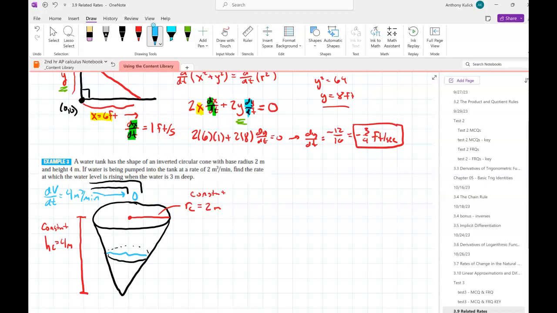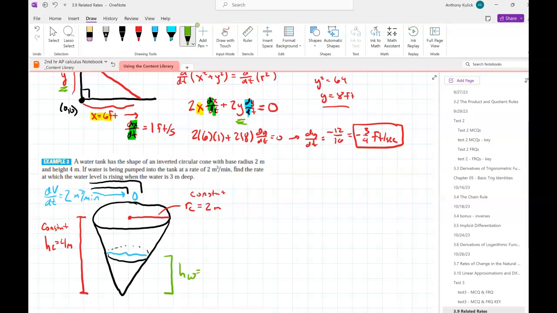Everybody's good there? Okay. And then it says find the rate at which the water level is rising when the water is 3 meters deep. Oh wait, isn't it 2 meters, right? Oh, thank you. Yep, I just wrote down the wrong thing.